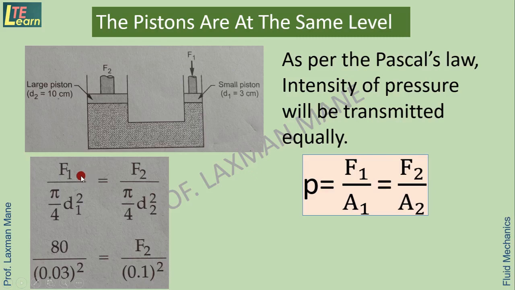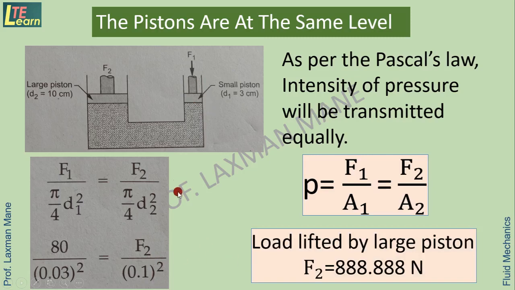F1, the force applied on the small piston, is given as 80 Newton, divided by the diameter of the small piston, equal to F2, unknown, divided by the large piston diameter. These diameters are to be taken in meter, so convert the diameters from centimeter to meter. Doing the calculation, we find the load lifted by the large piston, F2, in Newton.